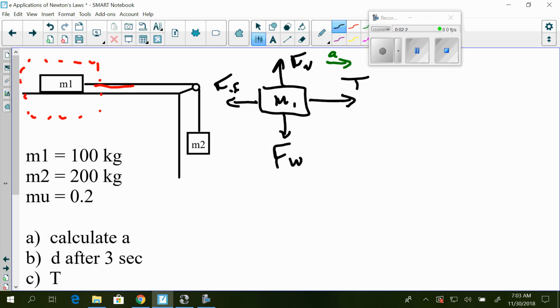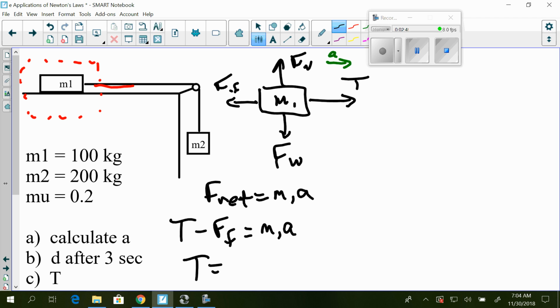So I can write a free body diagram just like we did before. I can write an equation just like we did before. Because it's Newton's second law, I have F net equals ma. I always like to remember that it's m1a. Be careful with the subscripts. Don't forget which mass you're working with. The net force in this case, the T exceeds the friction, so it's going to be T minus friction equals m1a. And we do what we did before.